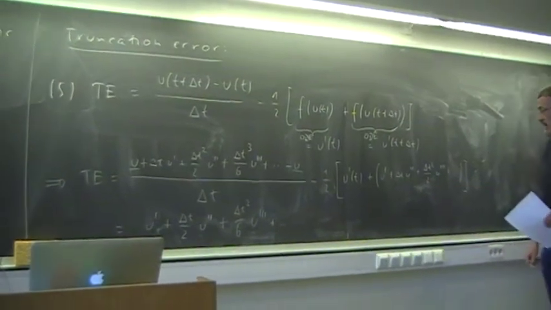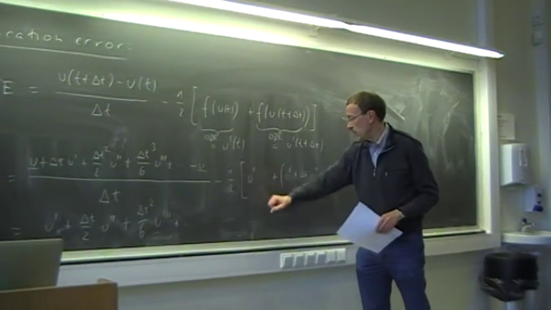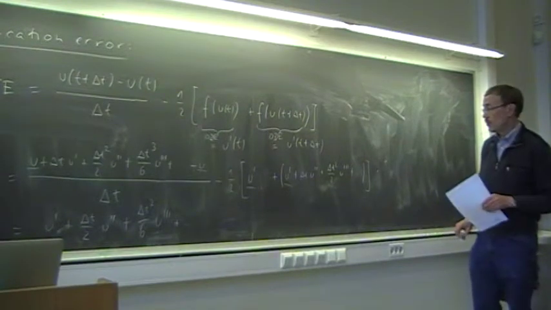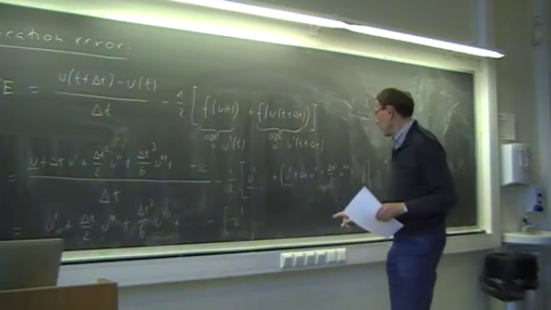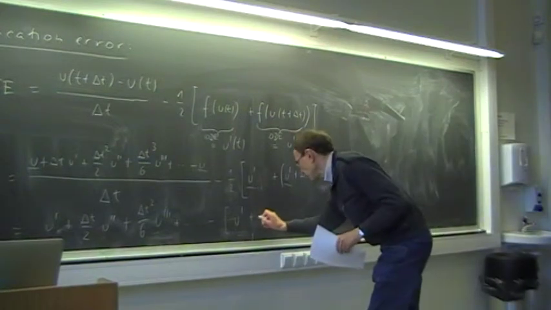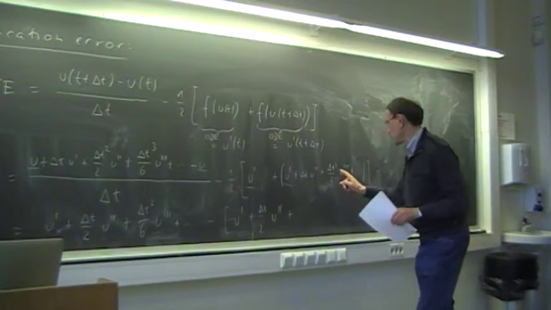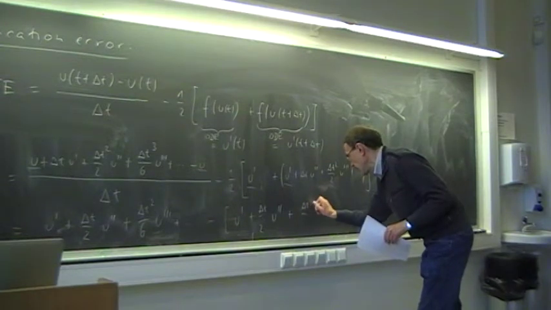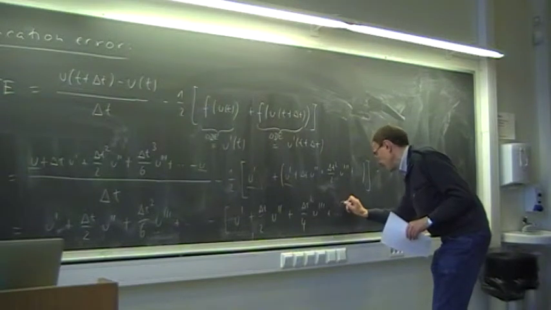And on the right hand side we can summarize. So that is the u prime is double, so we get it 2 times, so that together we get then u prime. And from there we get then delta t half u double prime plus, and from that we get then delta t squared divided by 4 times the third derivative plus higher order terms.